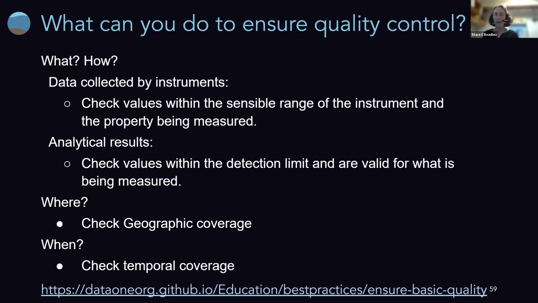For the where and the when, oftentimes for metadata, you want to provide the bounding box, the limits, for example. And so when you're processing, figure out the limits for your geographic coverage, and just check that they make sense. Do a plot. I often do that. I plot where the data points are just to make sure it visually looks correct to me.